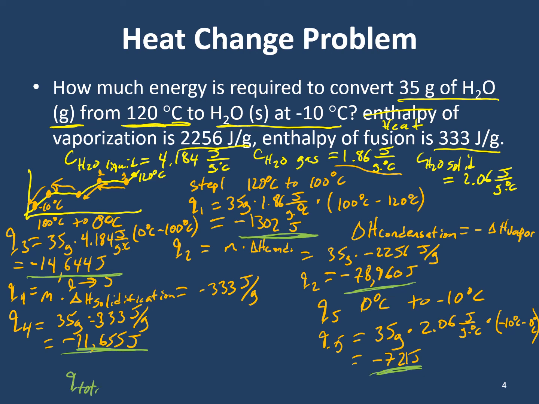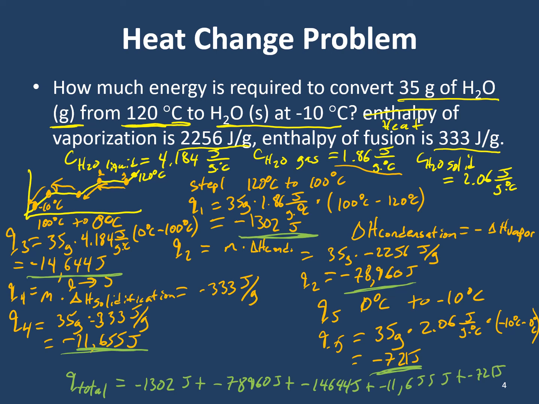So Q total is going to be equal to negative 1302 plus negative 78,960 plus negative 14,644 plus negative 11,655 plus negative 721.